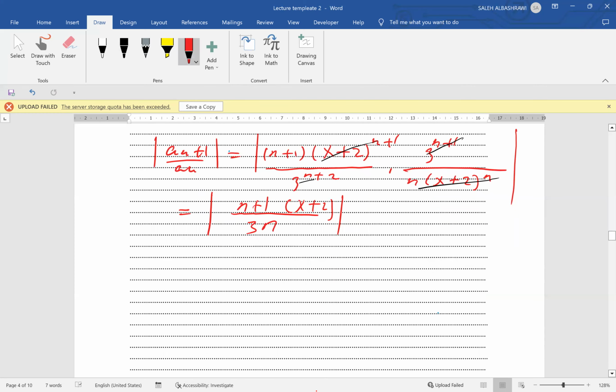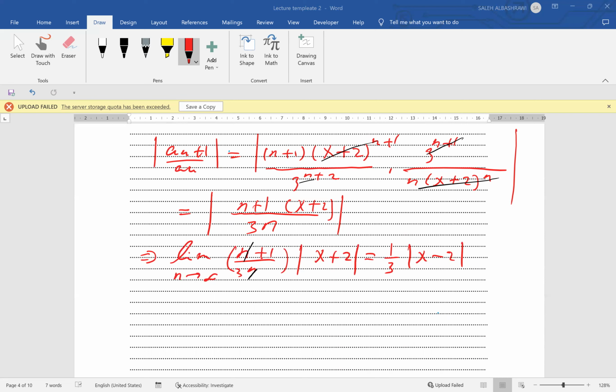If you take the limit, I will have the limit of (n plus 1) divided by 3n, multiplied by x plus 2, as n goes to infinity. Take the highest power, this n will cancel this, and I will have only 1/3. So this is equal to 1/3 multiplied by the absolute value of x plus 2.